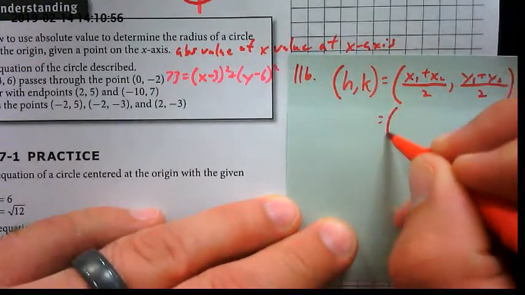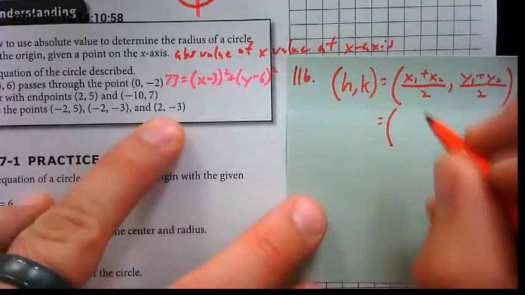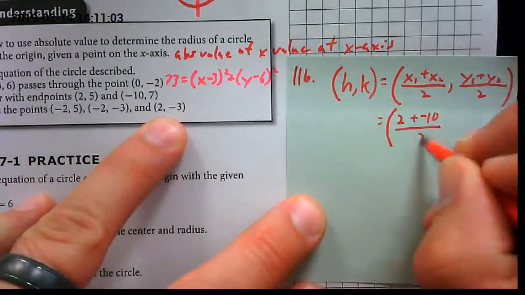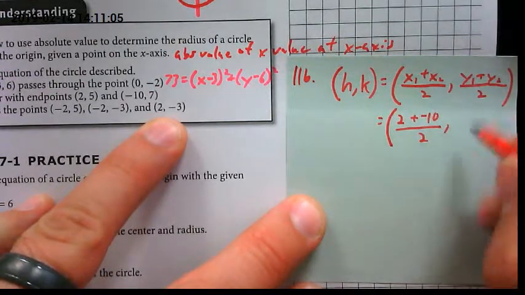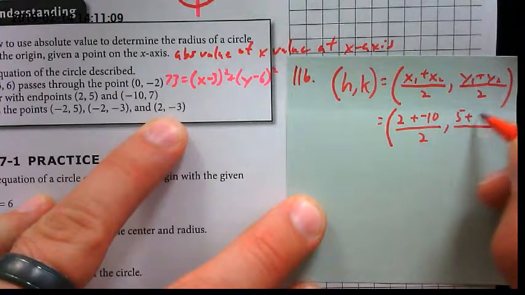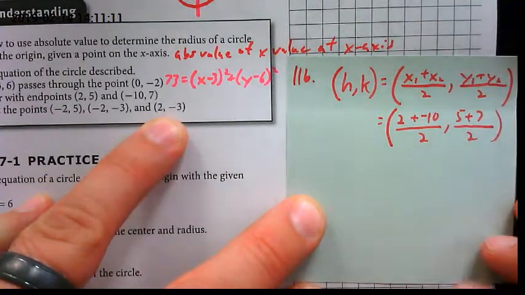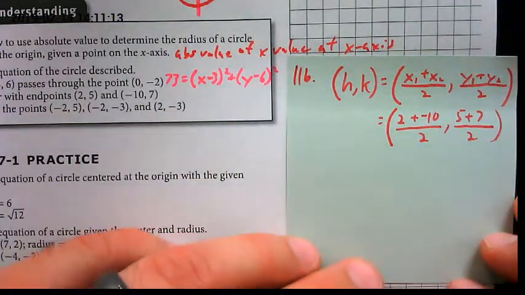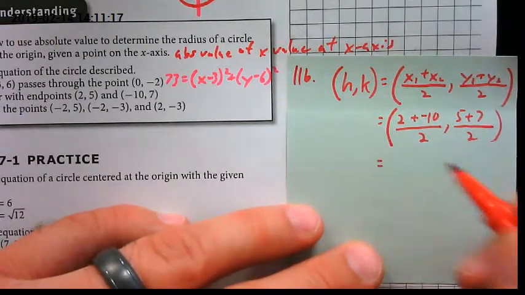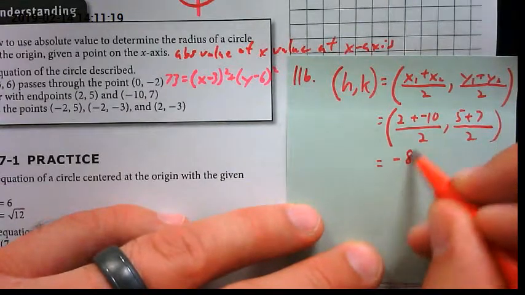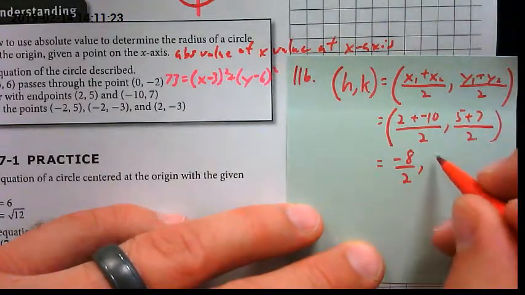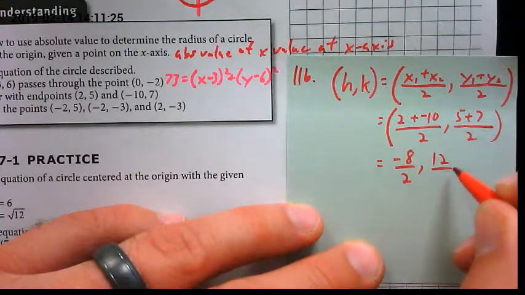So in this case, we had 2 plus negative 10 divided by 2, and we had 5 and 7 divided by 2. It's the average of the x's, average of the y's. 2 plus negative 10 is negative 8. 7 and 5, that's 12.